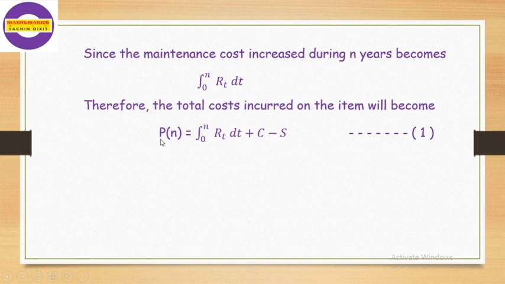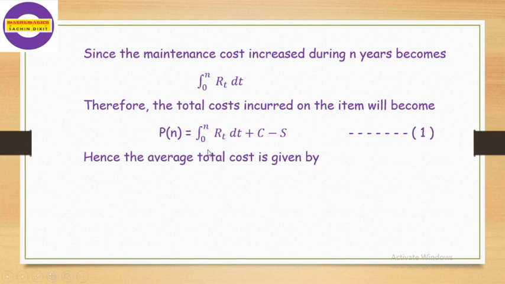Therefore, the total cost incurred on the item will be P of n is equal to integral from 0 to n of rt dt, meaning the maintenance cost during n years, plus C minus S. C is the capital cost, S is the scrap value. Equation number 1. Hence, the average total cost is given by, this is the total cost up to n years.